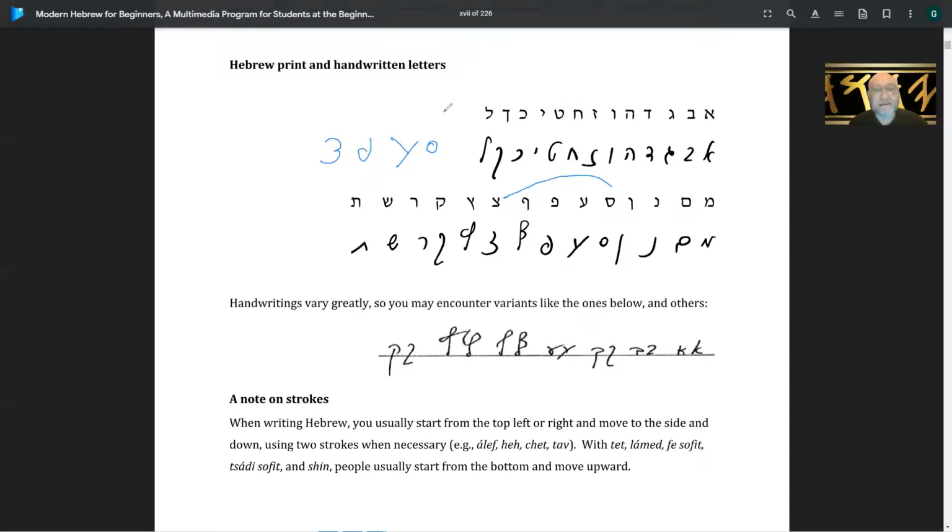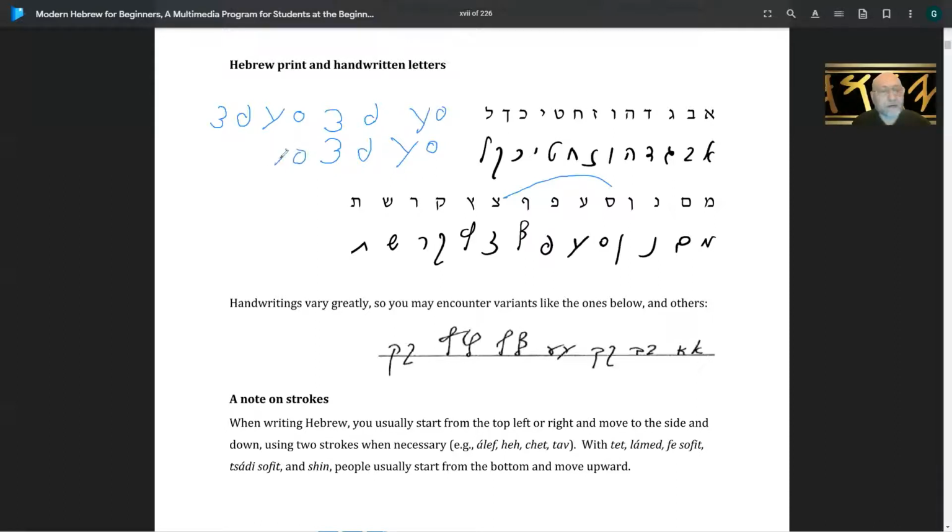The Samik, Ayin almost looks like a 6. Fe, and this looks like a 3 almost, but it's not quite a 3. It's more like Zadik.